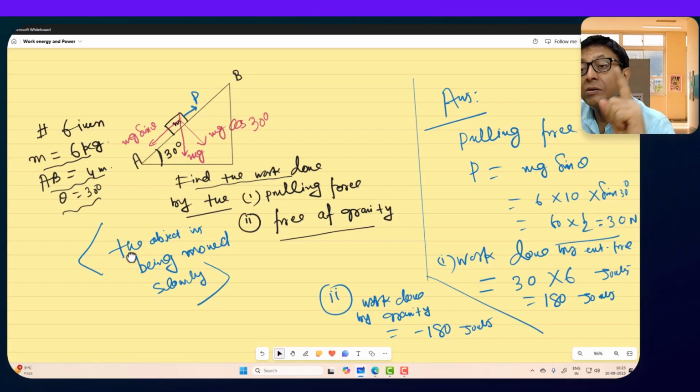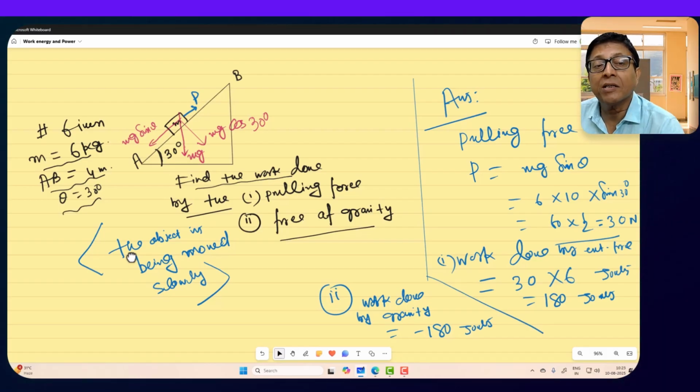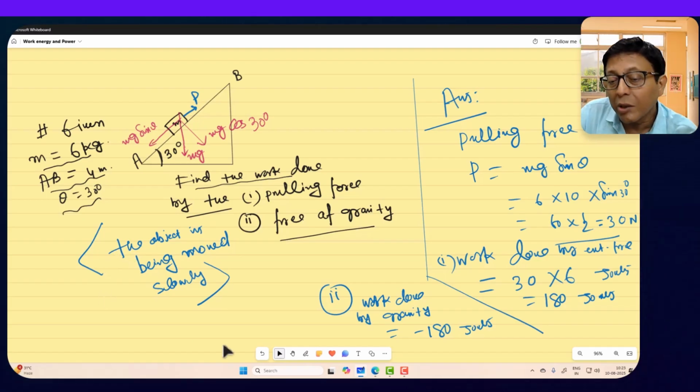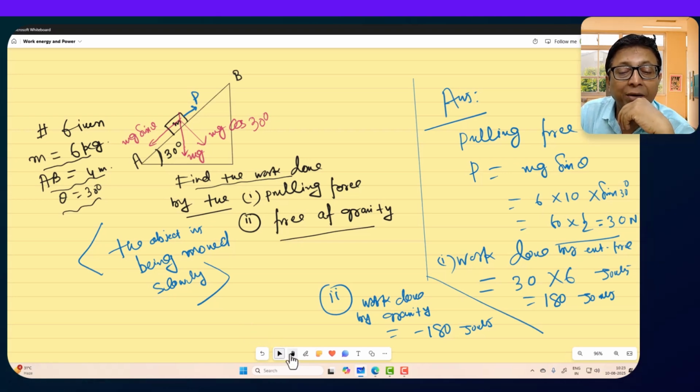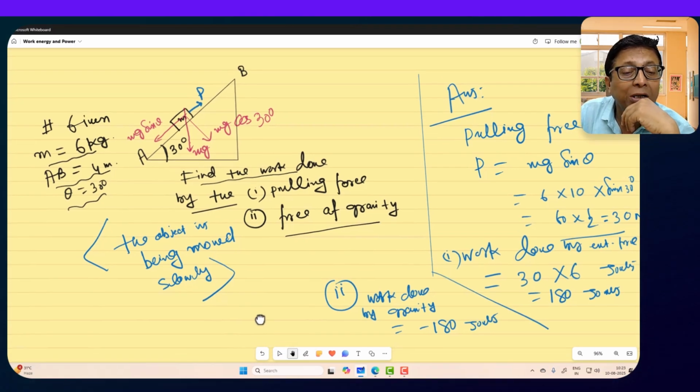So this you must remember. External agent doing positive work, gravity is doing negative work. In our following discussion, this concept will be repeated to get some other concept. Okay? Now let us go for another sum.